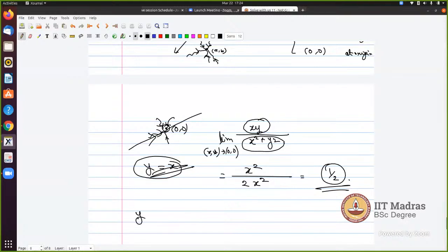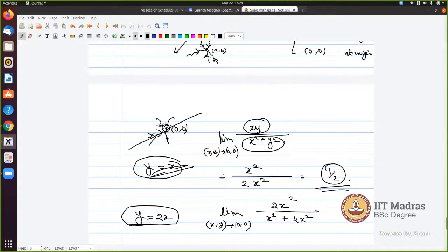Okay. Now what happens if we take another straight line which is also passing through the origin? We put the same thing, so this is y equal to 2x. So 2x square by x square plus 4x square. Correct? So this is 2 by 5.